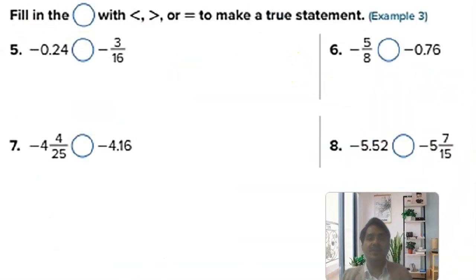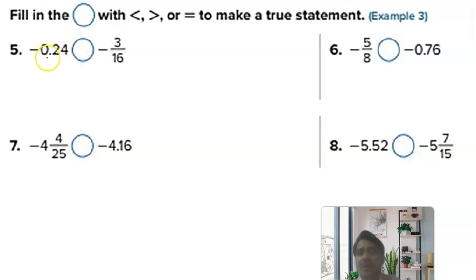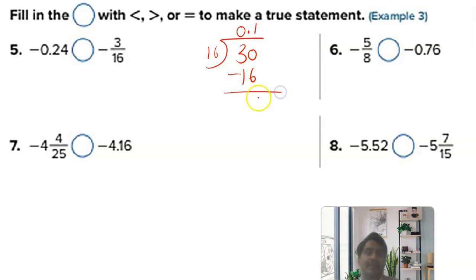Next, now we just need to find which is big and which is small. So this is obviously negative 0.24. Now for 3 by 16, we divide: 0 point, 16 times 1 is 16, then we have 140, 16 times 8 is 128, and you get 12, and that's enough.